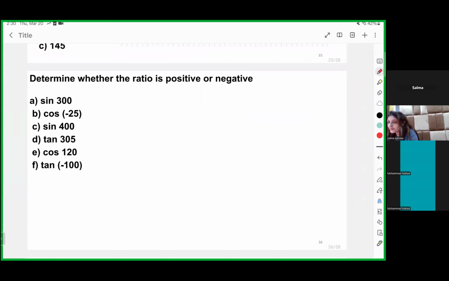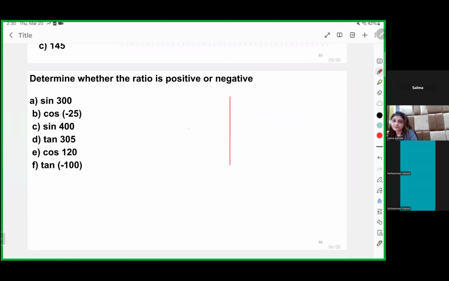Okay. So sine 300. Can I have a figure for all the quadrants? 1, 2, 3, 4. Make the quadrants, x-axis, y-axis.